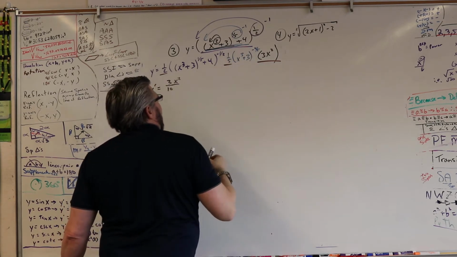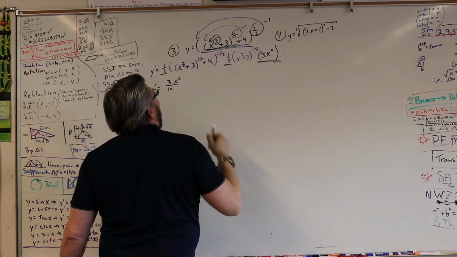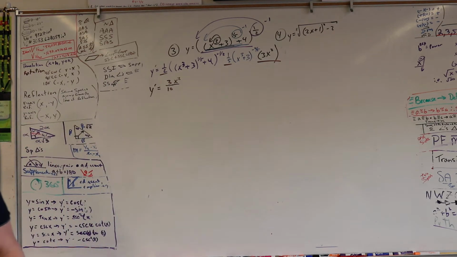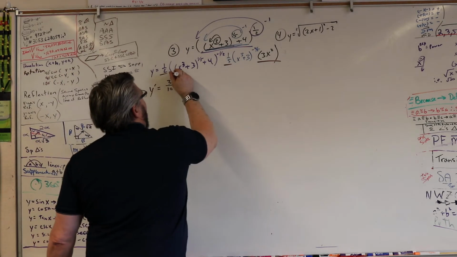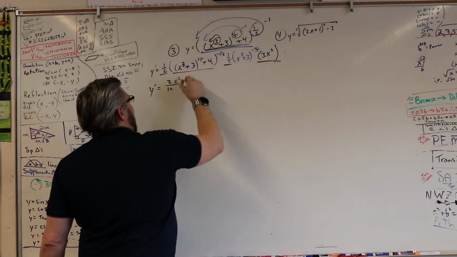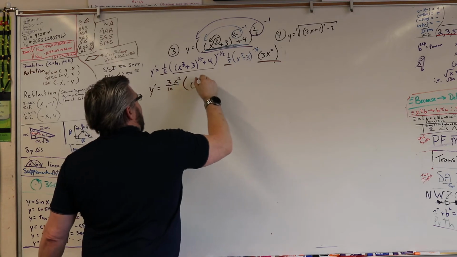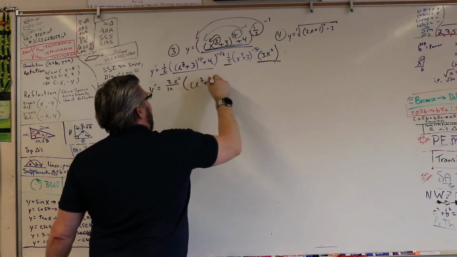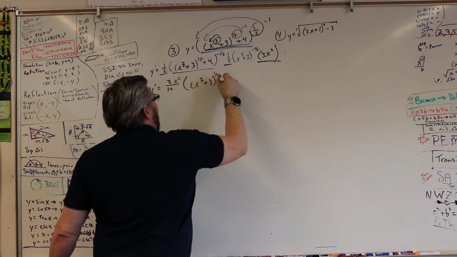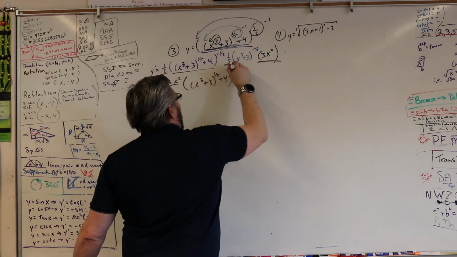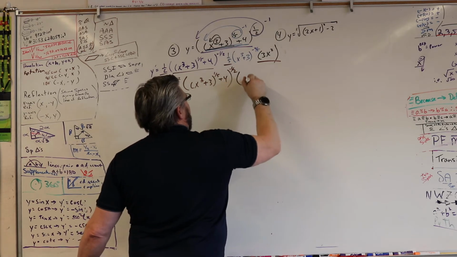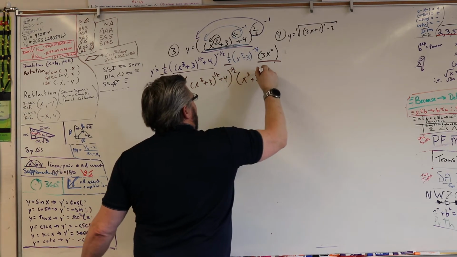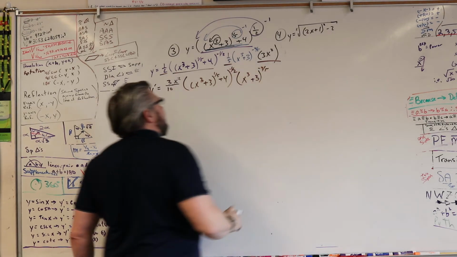Wait, yeah. And oh wait, negative half, right? So negative 4/5 or positive 4/5 would be bigger, but negative 4/5 is actually smaller. So we want to put the bigger one up first. So that's this guy. X cubed plus 3 to the 1/5 plus 4 to the negative 1/2. And then times x to the third plus 3 to the negative 4/5.